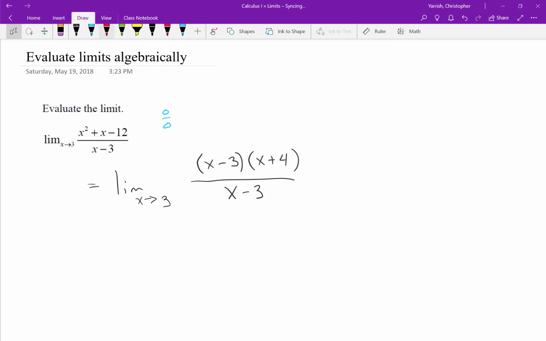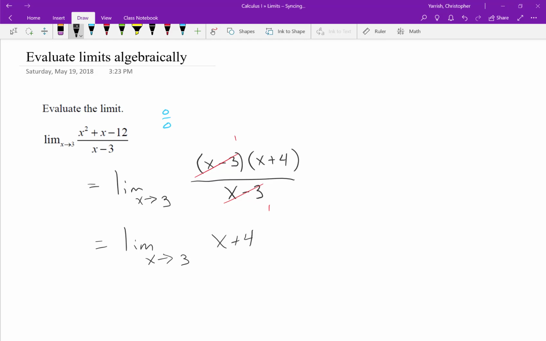And now, the key thing that happens for us here, as x approaches 3, my original expression is equal to the expression that I'm working with now. And for the x values that I'm interested in, because I see that I can cancel things here, my original expression is equal to x plus 4.